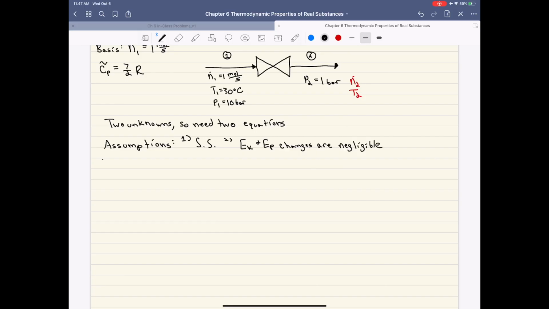With valves, commonly we assume that they're going to be adiabatic, just because the time it takes for the gas to pass through the valve is much shorter than the time it takes for heat to actually transfer out of the valve. That's really the physical justification for that assumption. In any case, we'll assume that this valve is adiabatic, and of course there are no moving parts, so we'll say that there's no shaft work as well.